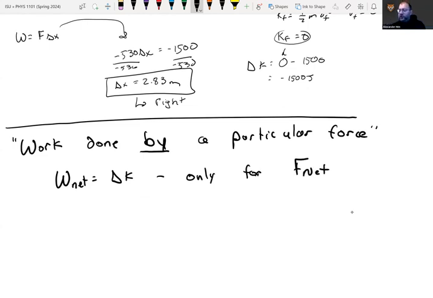If we're looking for the work done by a particular object or by a particular force, then we're not going to be able to use this. That's what I can't emphasize enough: this is only going to work if you're dealing with the net force. So let me give you an example of something you might be asked here.